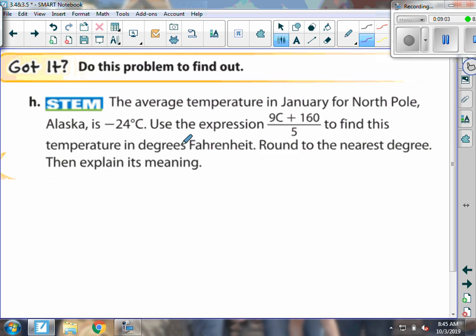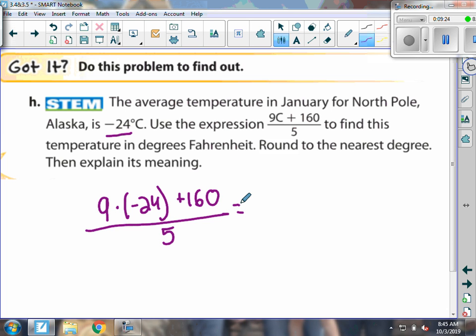So when we plug this in, we have negative 24 degrees Celsius. So we're going to plug that in for our C here. We're using this expression to find the temperature in degrees Fahrenheit. So I'm going to multiply 9 times negative 24 plus 160, all over 5. I'm going to work this out step by step. 9 times negative 24 gives me negative 216.